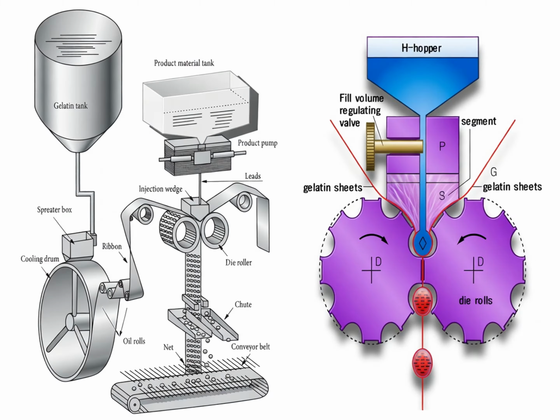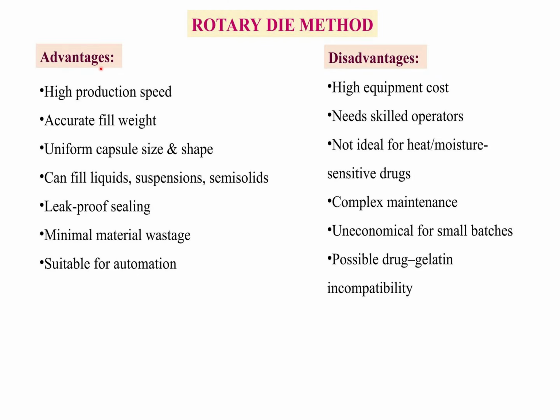So this is the overall approach as we have already discussed. There are some pros and cons of this rotary die method. Advantages: high production speed, accurate fill weight, uniform capsule size and shape, can fill liquids, suspensions and semi-solids, leak-proof sealing, minimal material wastage, suitable for automation.